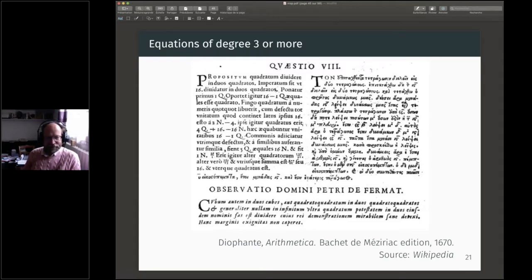And Fermat says, okay, now if I want a cube to be a sum of two cubes, or a fourth power to be a sum of two fourth powers, etc., then it's impossible to find a solution. And he adds that he has found a wonderful proof of this fact, but unfortunately, the margin is too short to hold it. And this is the starting point for Fermat's last theorem.